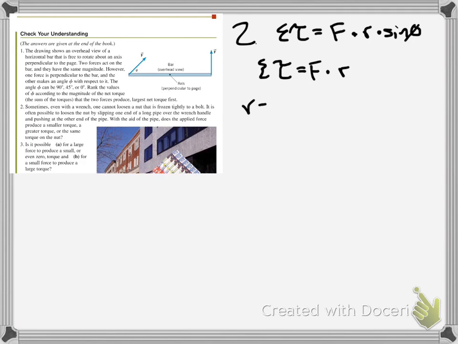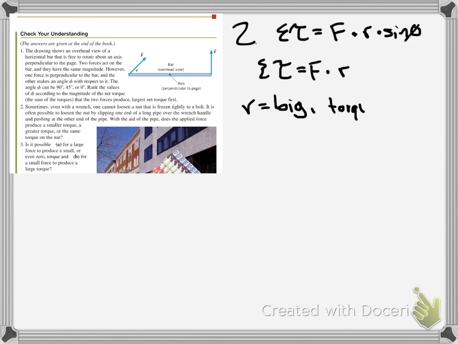So F and R are directly proportional to the torque variable. This means that if one gets bigger, the other gets bigger as well. So if you have a pipe or a wrench and you make it longer and you apply the force from a greater distance, making R a bigger number, that means that your torque is going to be bigger.